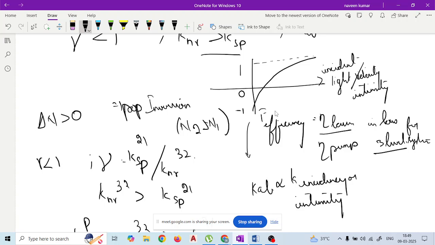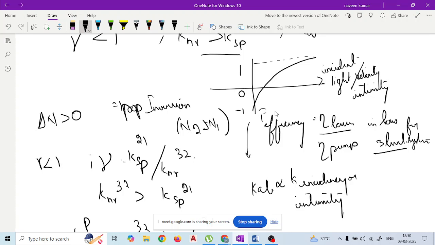As we keep increasing the incident intensity, at one point it crosses 0, and then approaches closely to 1. It's never going to reach there, but it approaches towards 1, trying to saturate. Here K32 and K32 by KST, that is the non-radiative decay, matter, and the molecule has three pathways to follow, that is 1 to 3, 3 to 2, and 2 to 1.